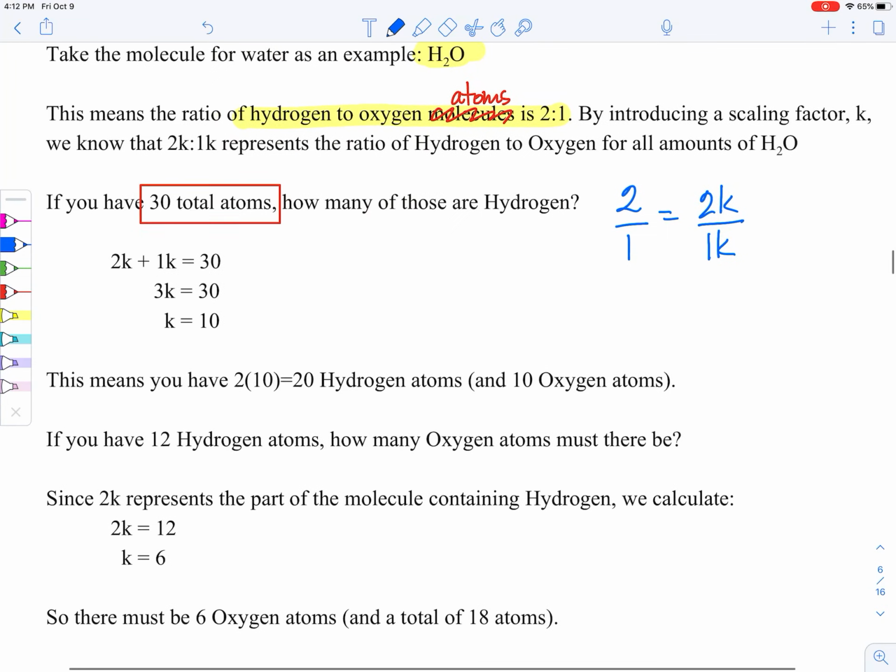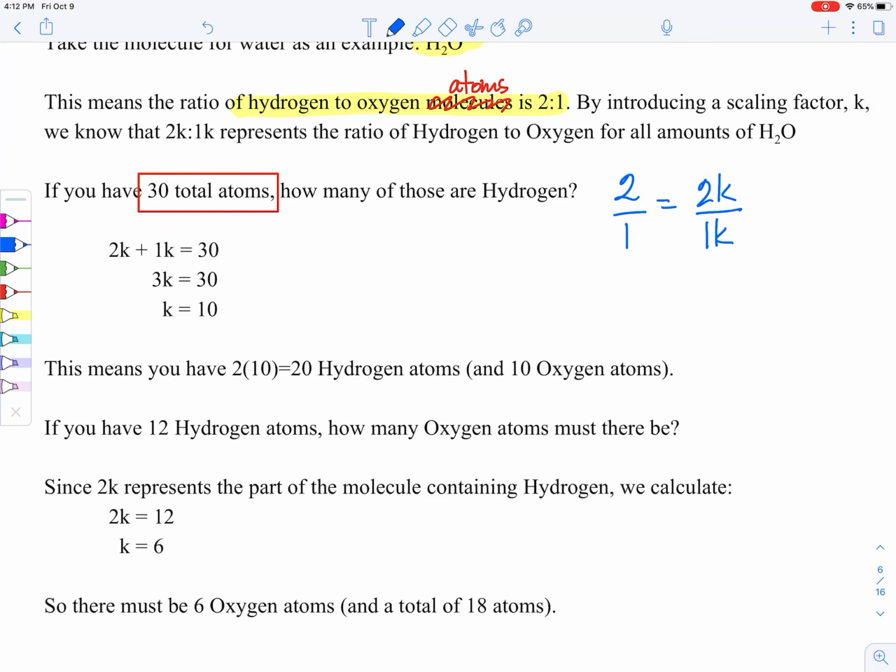The really neat thing with the scaling factor is, say, if this is the total amount of all my hydrogen, and this is the total amount of all my oxygen, I know that hydrogen plus oxygen has to equal 30 atoms. So I'm not solving for the number of hydrogen or oxygen right now. All I'm going to solve for here is K.